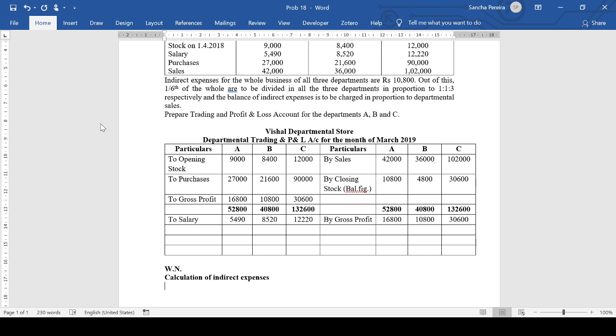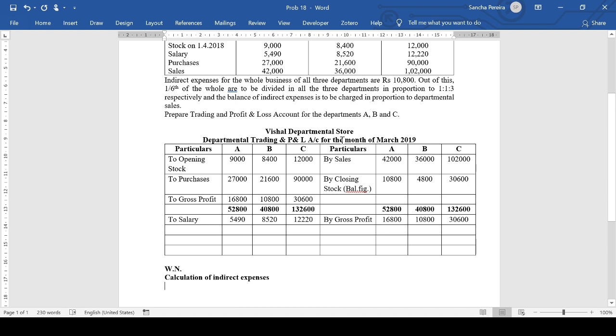Now, there are two parts given to us for indirect expenses. They've said indirect expenses for the whole business of all the three departments are 10,800. Out of this, one-sixth of the whole is to be divided in all the three departments in the proportion 1:1:3, and the balance is to be charged in proportion to departmental sales. So basically, there are two ratios.